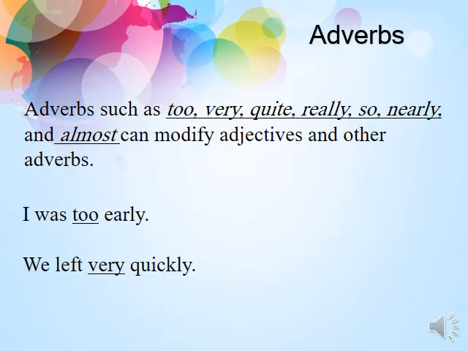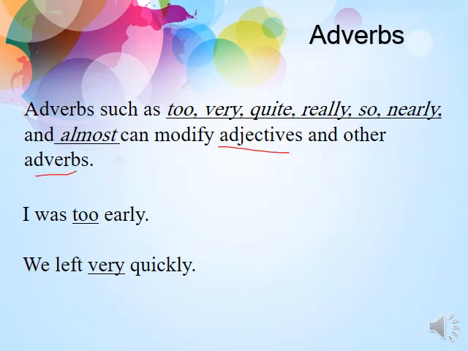So adverbs such as too, very, quite, really, so, nearly, and almost can modify adjectives and other adverbs. So these adverbs not only modify, they are special adverbs. They modify adjectives and other adverbs.